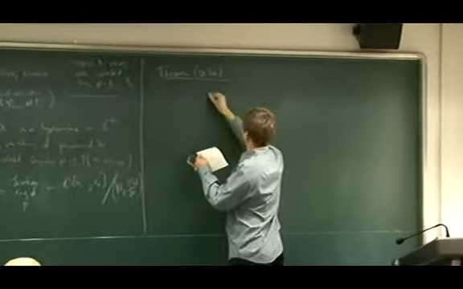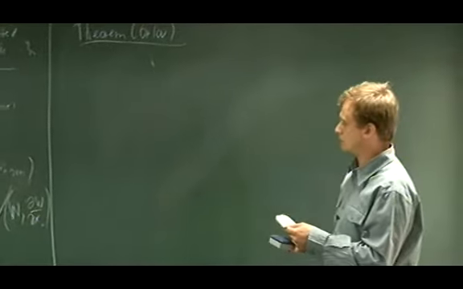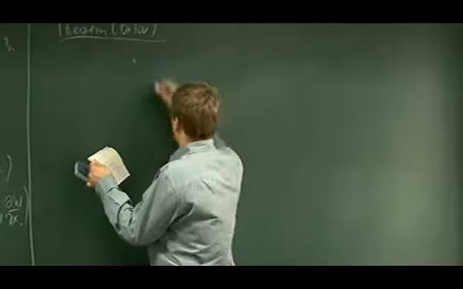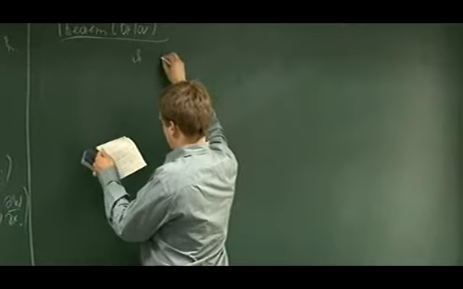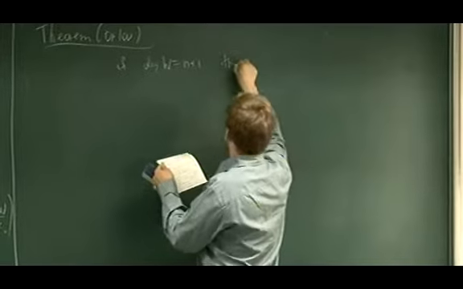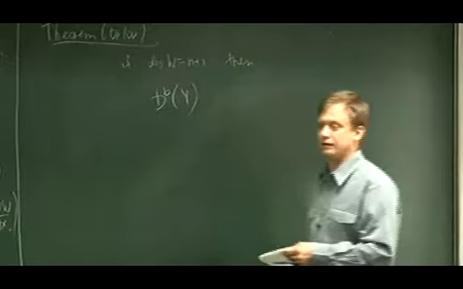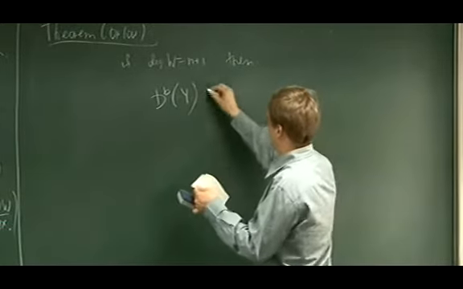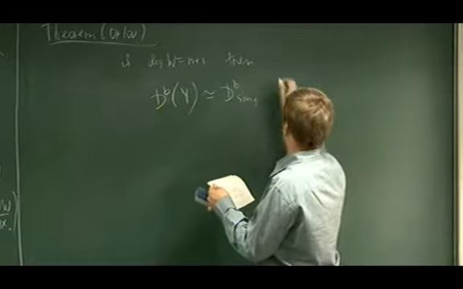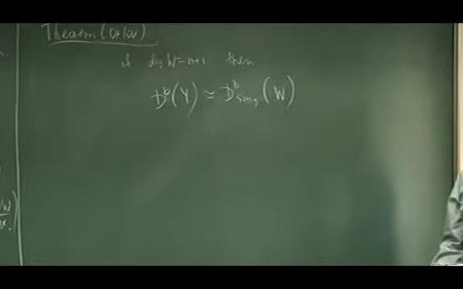It says that we go back to the situation where W was homogeneous, because we wanted to define a hypersurface in Pn, and say that if the degree of W is equal to n plus 1, then the derived category of sheaves of vector bundles on Y is equivalent to the singularity category of this function W that I defined originally.